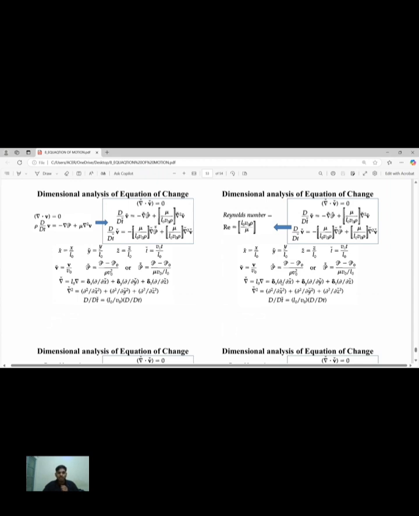We are dividing by rho V naught square over L naught in this case, or multiplying mu by L naught V naught rho. So the equation becomes d by dt cap into v cap is equal to minus del cap p cap plus mu upon L naught V naught rho into del cap square v cap.